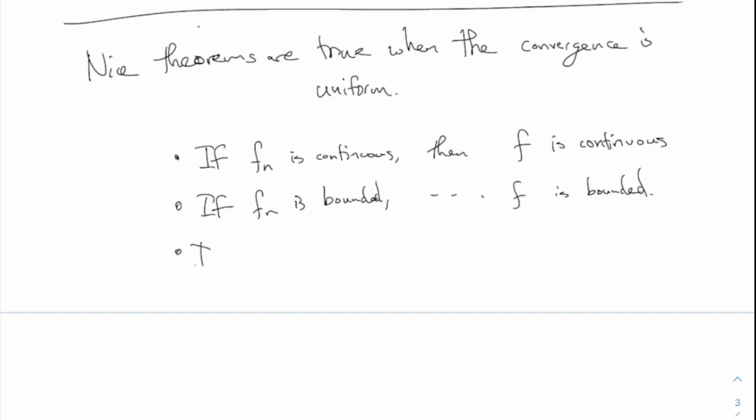Or this is also true, if Fn is differentiable, then F is differentiable. All of these things are true, but they need uniformness. If it's not uniform, then all bets are off, and you really can't say very much if it converges only pointwise. But if it's also uniform, then you get all of these nice theorems. Actually, that one about differentiability is only true if you also need the derivative to be continuous, but whatever. And then I'll just say one more.